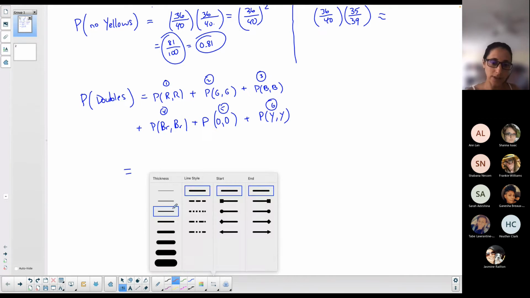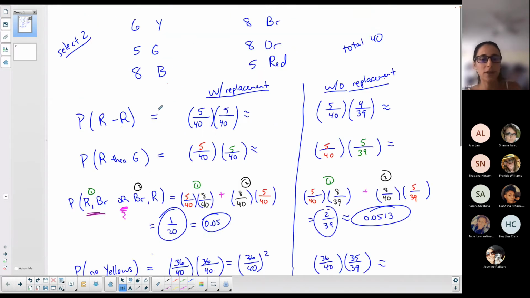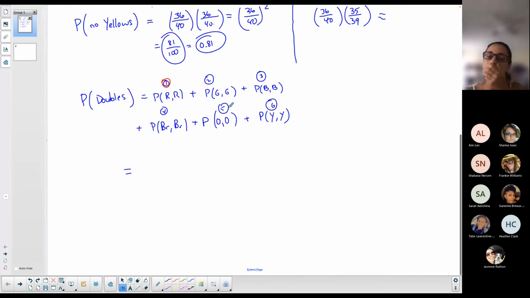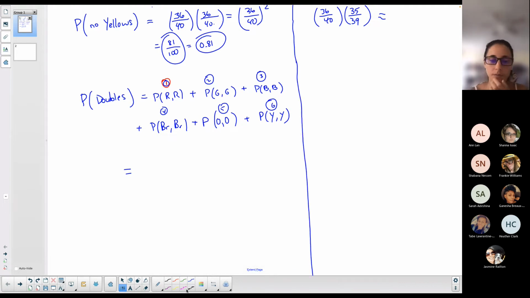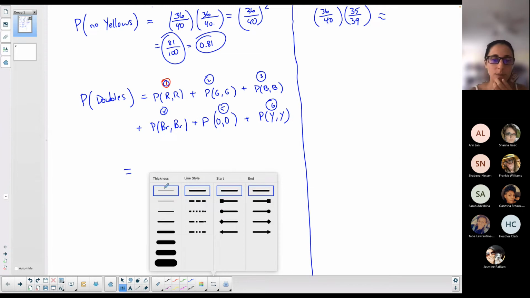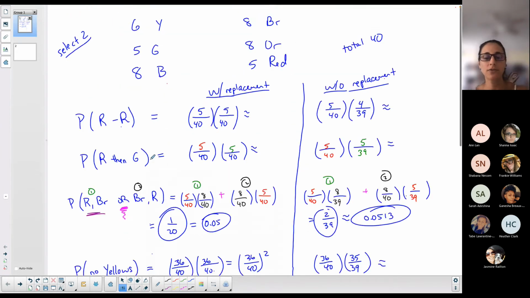All right, let's color coordinate this. Let's do red. I think we already did red. We did red, with and without replacement. I gotta do without replacement too. Without replacement is gonna be more of a pain, but all right, so red, how many reds did I have? 5.